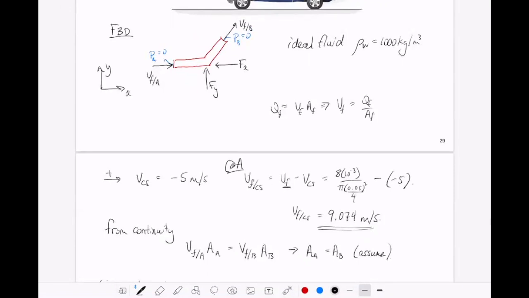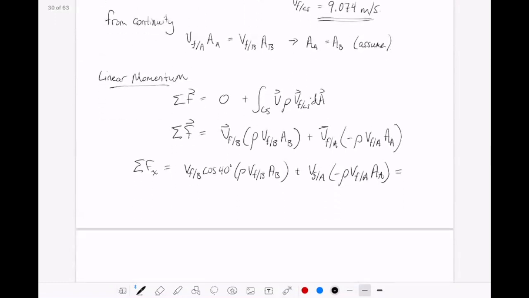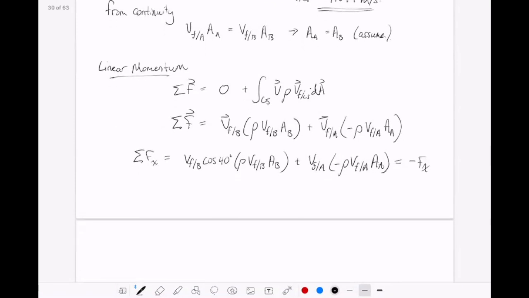If this is what we have as positive, so it's equal to minus Fx. So we solve this, we know all those values. Force in the x direction, reaction force is 37.83 newtons.